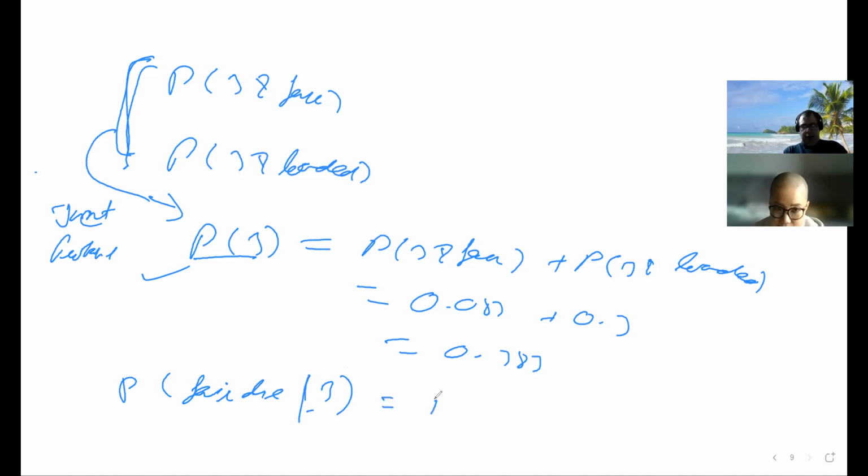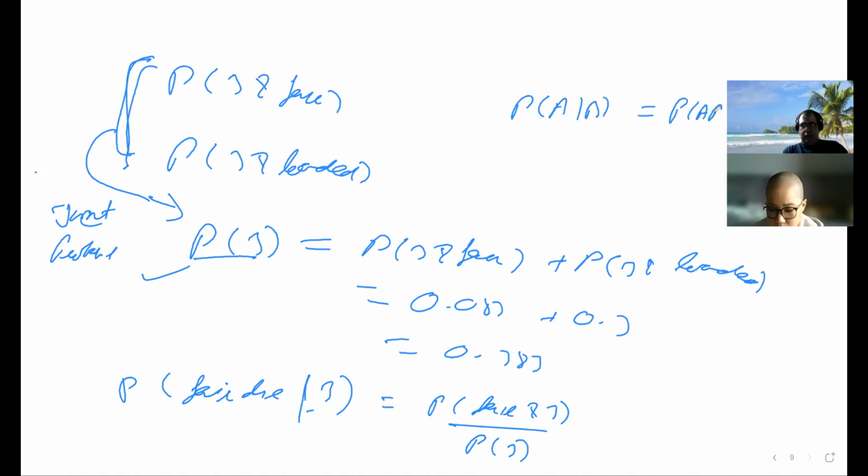Will it not be equal to P(fair and 3) divided by P3? I have told you that P(A|B) is equal to P(A and B) divided by P(B).